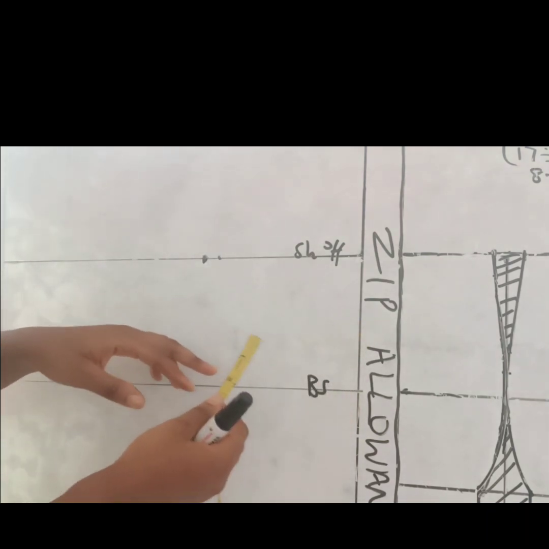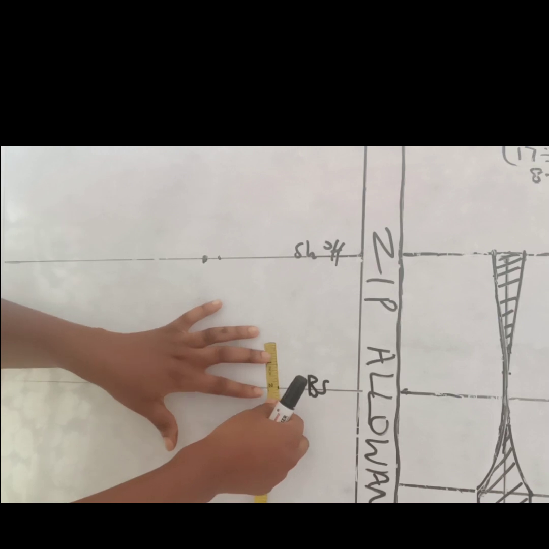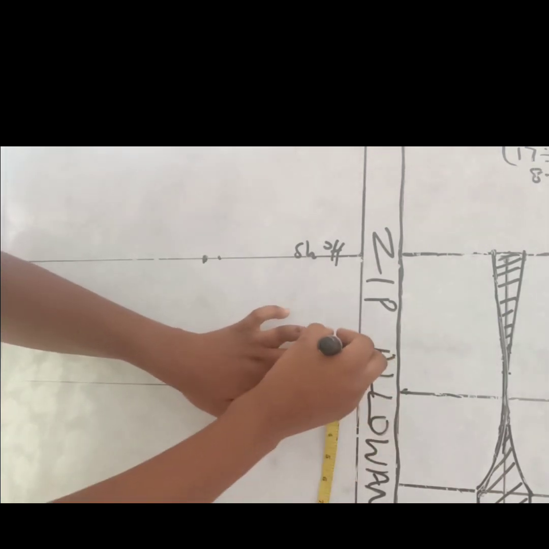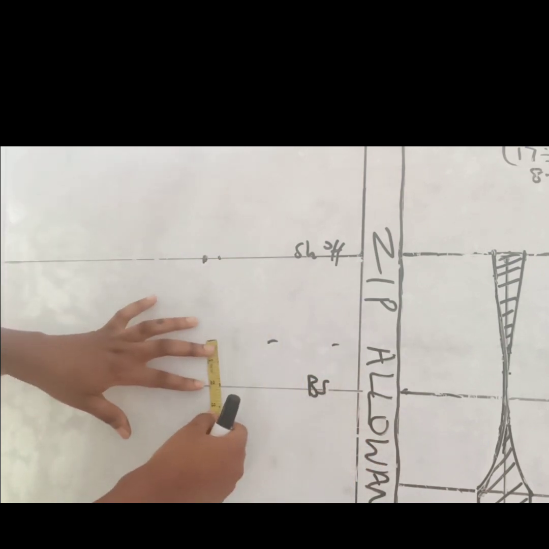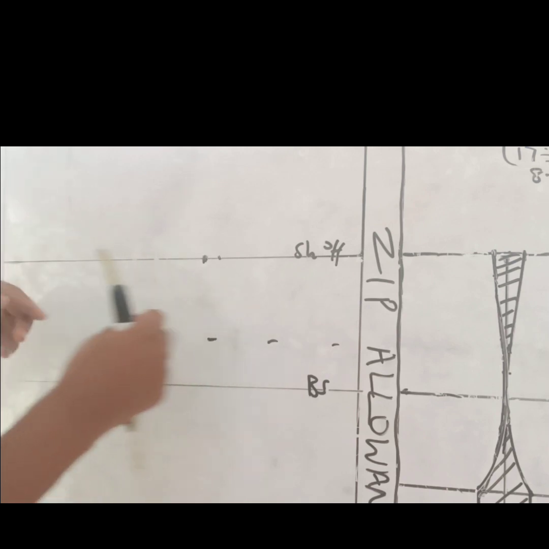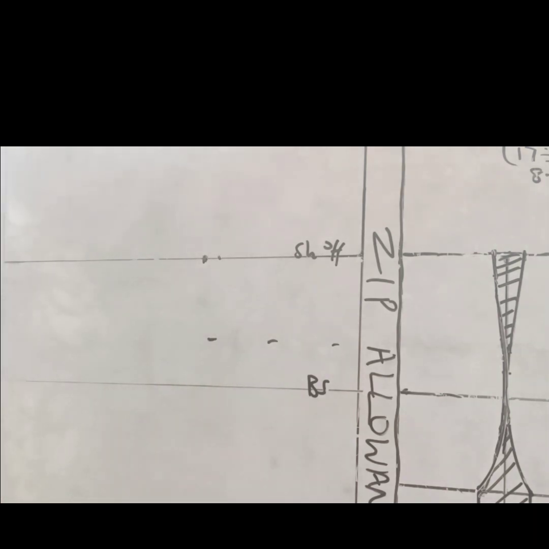On the chest line, we said on the bust line, so we go up by 2 inches to have the chest line. You can watch my video on basic calculations. It is there. So this is our chest line.